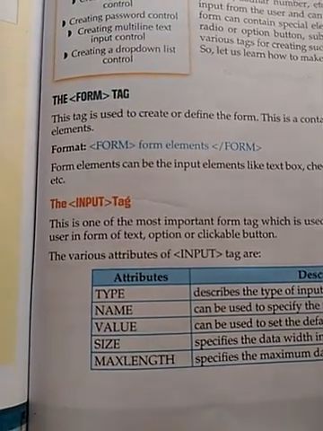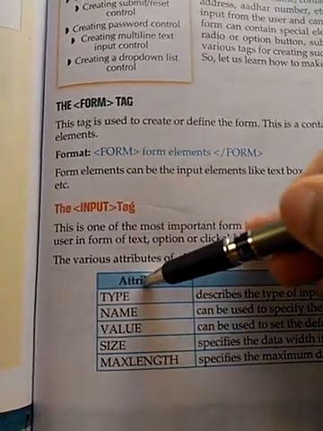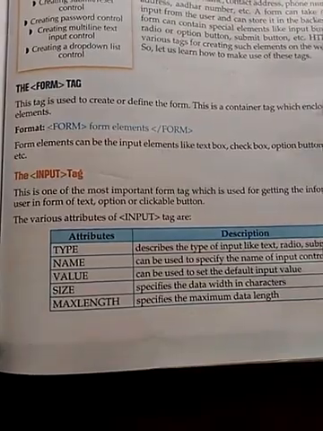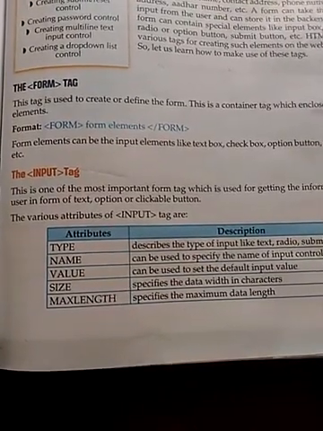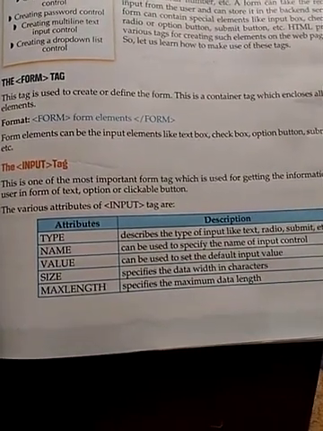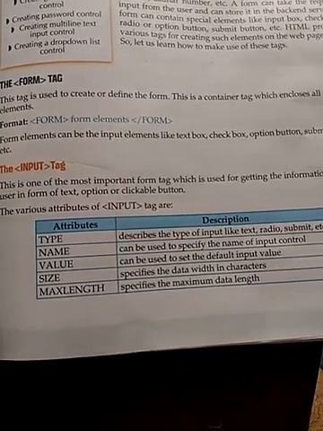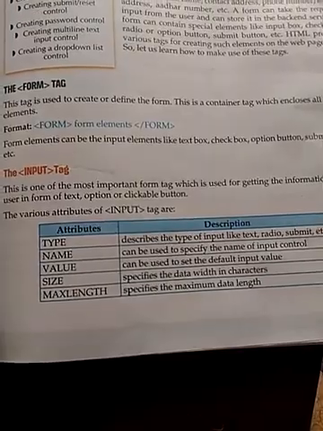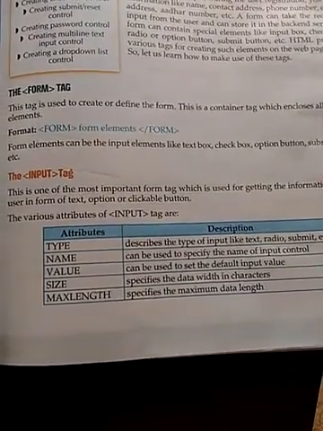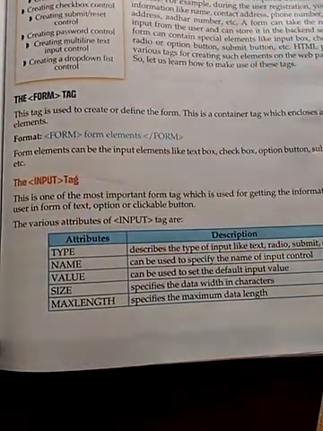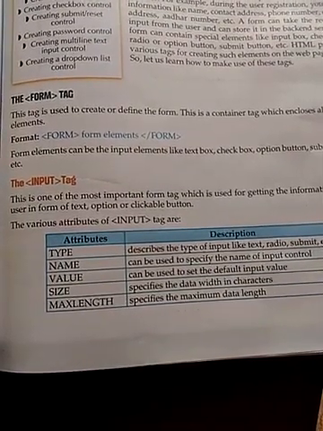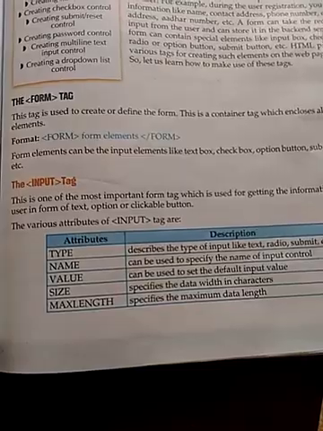The attributes of input tags are type, name, value, size and maximum length. Type describes the type of the input, whether you want the input as a text, radio, submit, checkbox, etc. Name is the name of the element, means you are defining the name for that particular control.